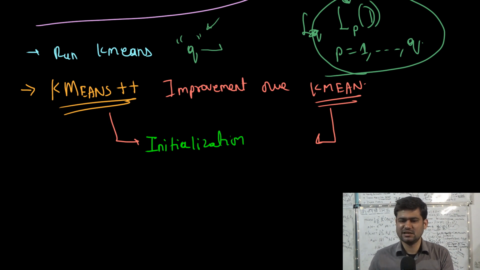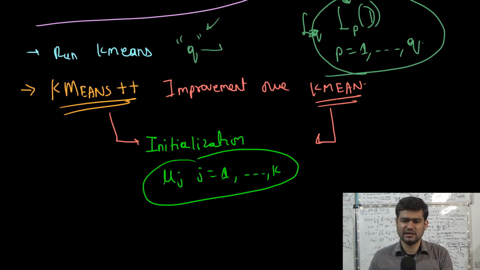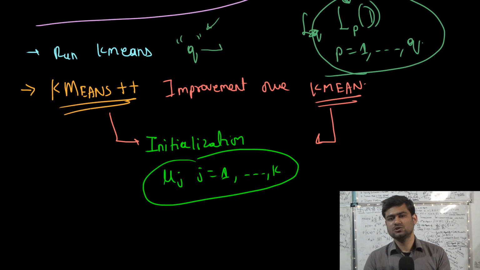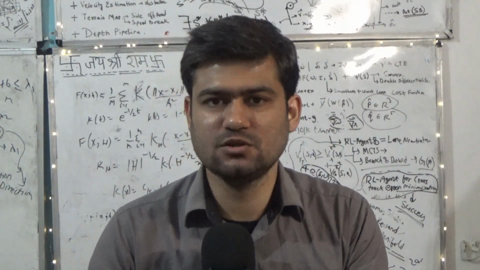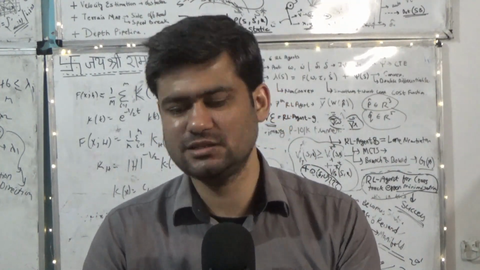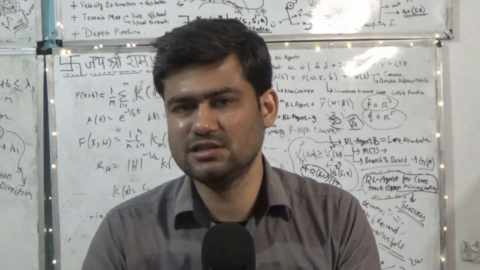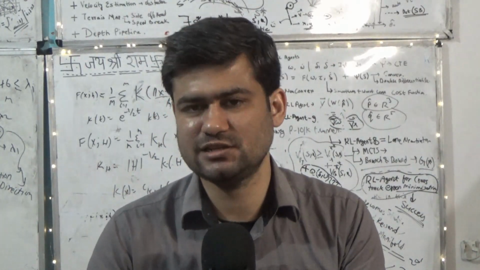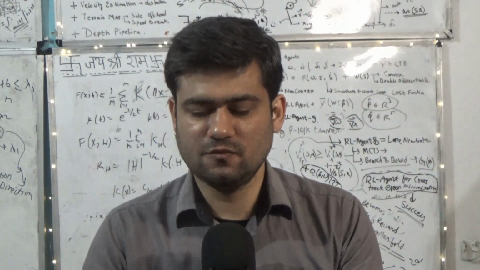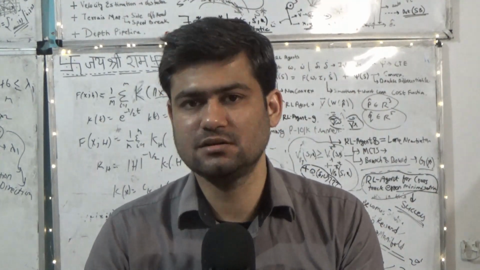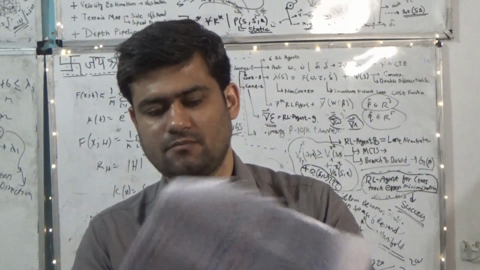It is the initialization of the means that differentiates the k-means clustering algorithm from the k-means++ clustering algorithm. So if given a choice, you should always go with the k-means++ algorithm rather than the k-means algorithm, since there is a better way of initializing the means, which may produce drastically better results.